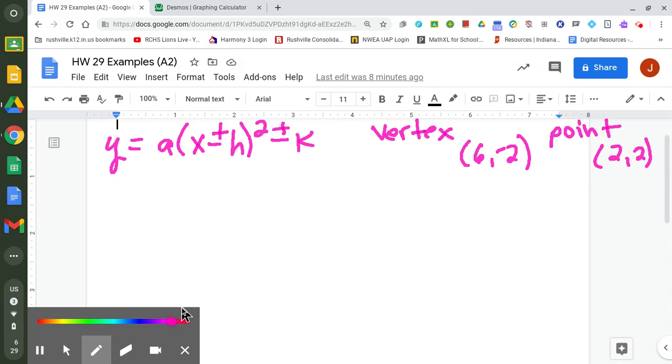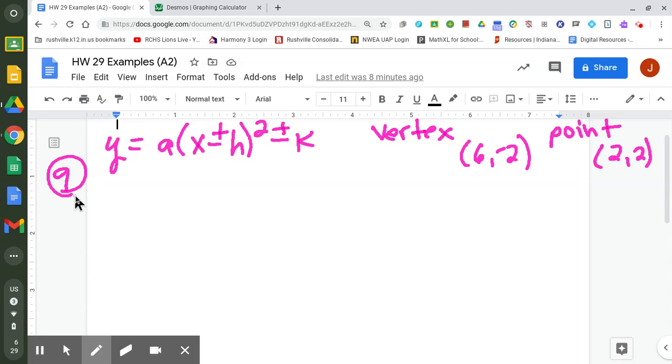On number 9, you are given another graph, and you are to write the equation. And again, we don't know a. So remember, this is the h, that is the k, this is my x, this is my y. So y was positive 2. I don't know the a. x was positive 2.